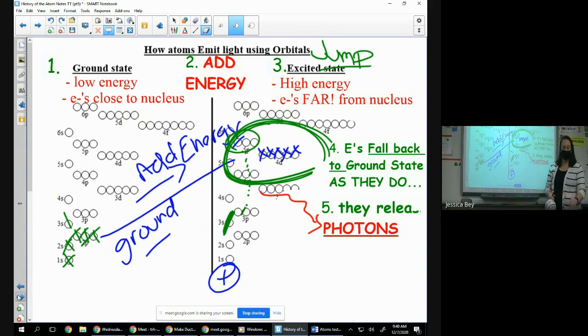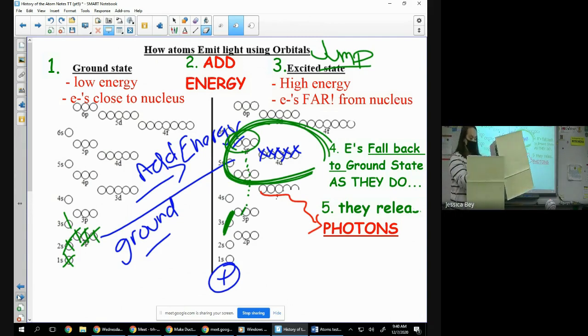Okay. All right, so the last thing that I would like to do today with everybody is do a little demonstration that I can show you. Remember how we said that red light has low energy and purple light has high energy.